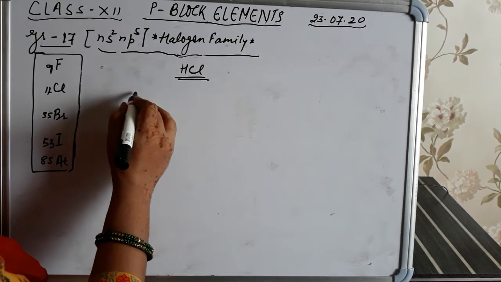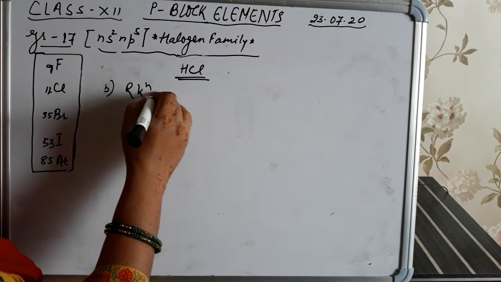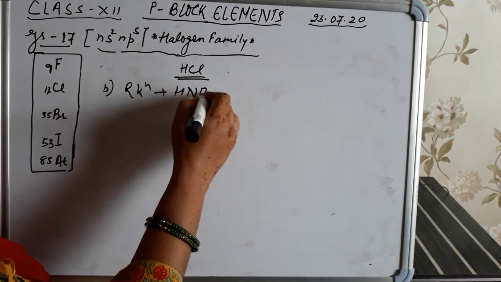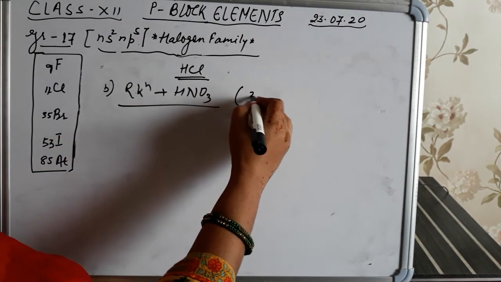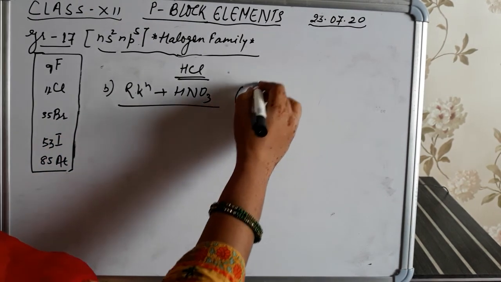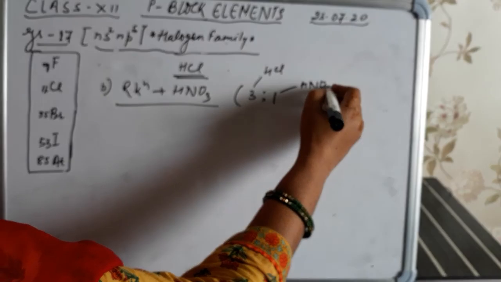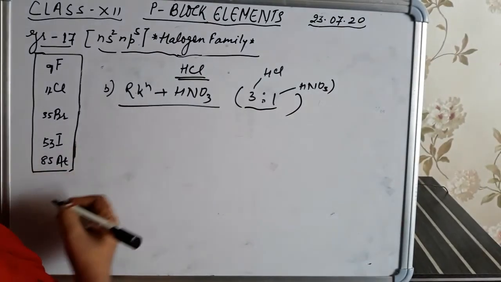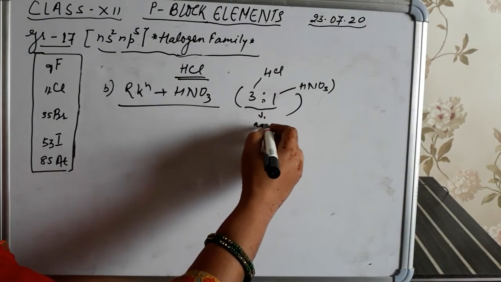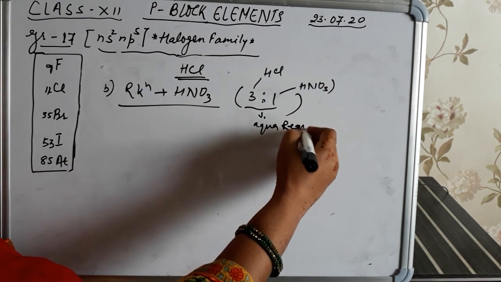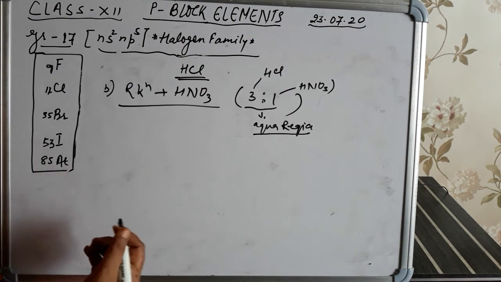So the next property is the reaction with nitric acid: 3 parts HCl and 1 part HNO3 form aqua regia. This is a strong acid. It has the capability to dissolve noble metals also.